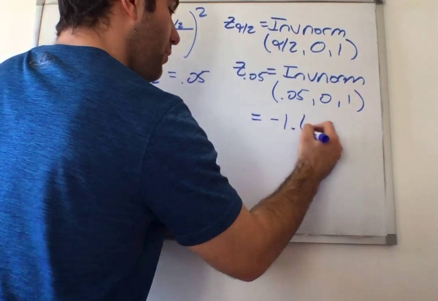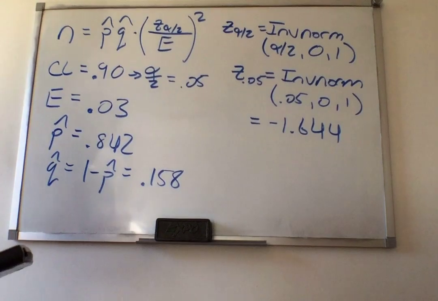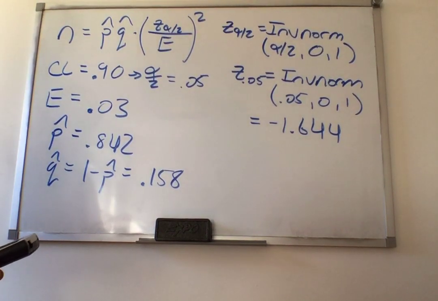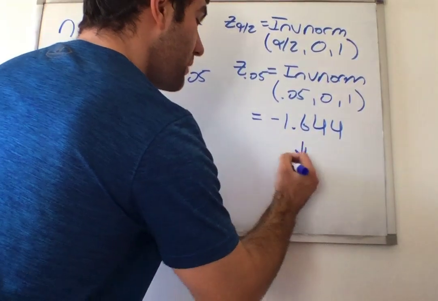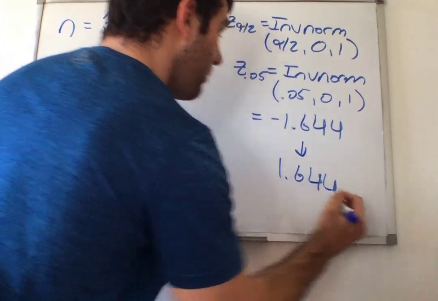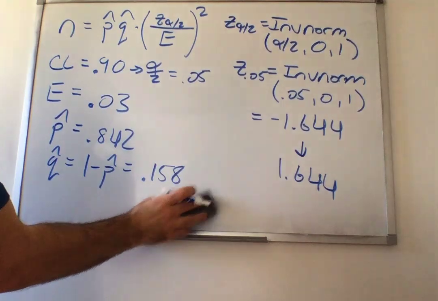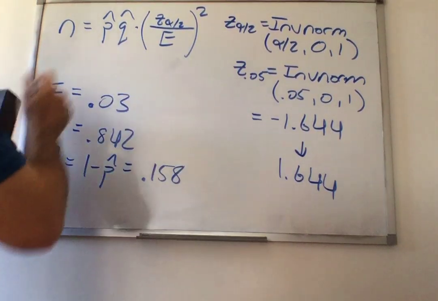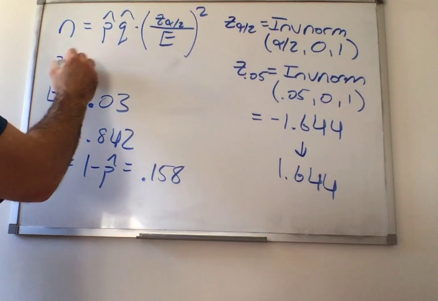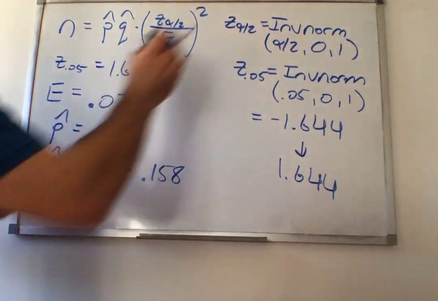This is negative 1.644. And we're just going to make it positive. So I'll add that over here to our information. Z of 0.05 is equal to 1.644.